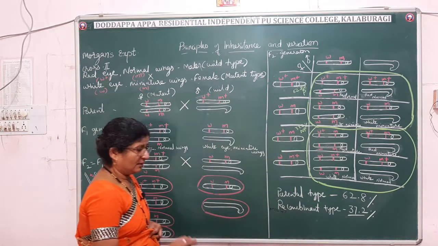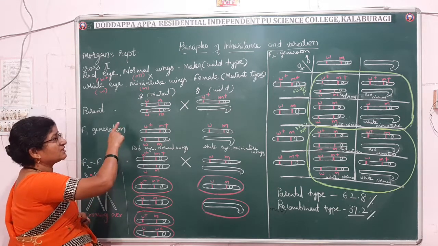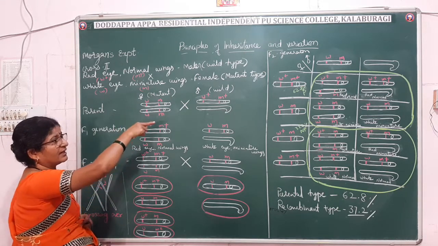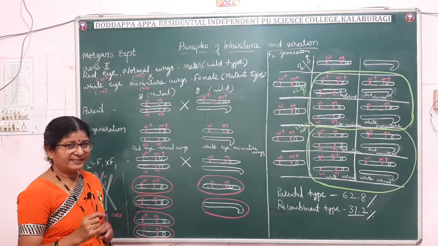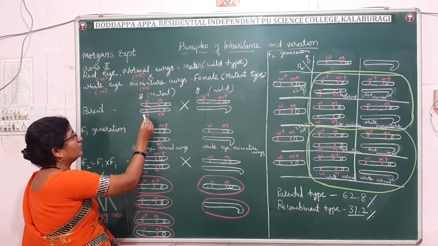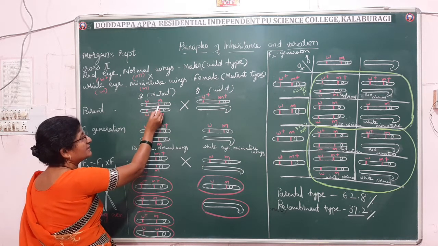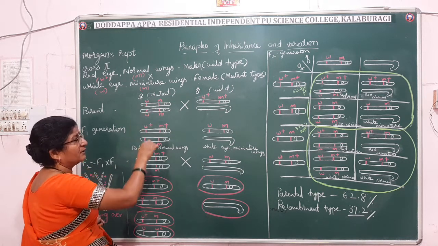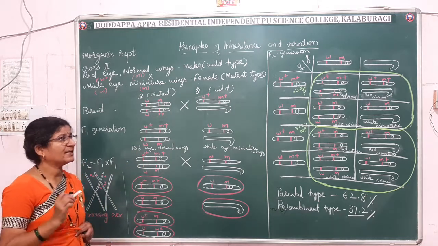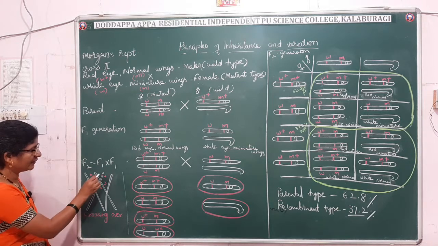Fine. So this result is because the genes which control these two characters, that is wing size and eye color, are located far apart from each other on the X chromosome. So the chances of separation of these genes during crossing over are more.